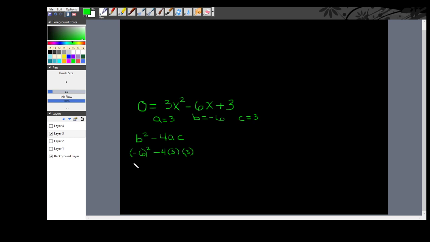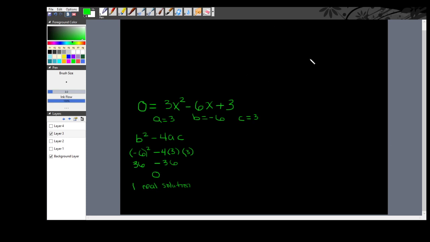Negative 6 squared is 36, and 4 times 3 times 3 is 36, leaving us with a discriminant of 0. So this tells us there's exactly one real solution.